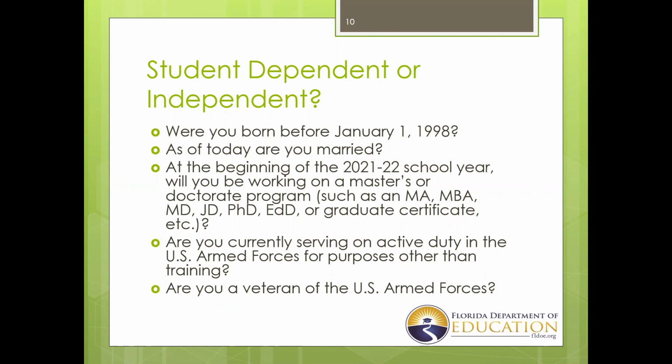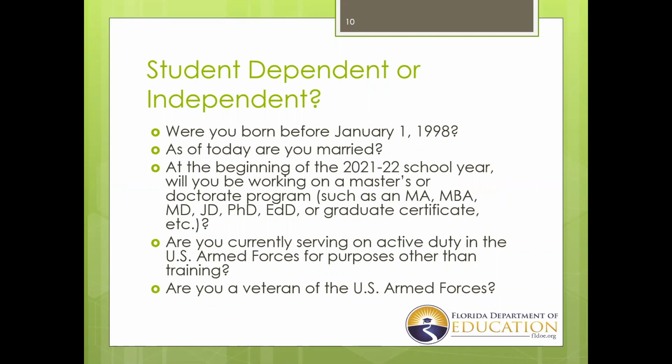So just because a student turns 18 years of age and may not live with the parents any longer does not mean that they are not considered dependent. The Department of Education has a slightly different idea of what an independent student is versus what the state may deem as an adult independent person.